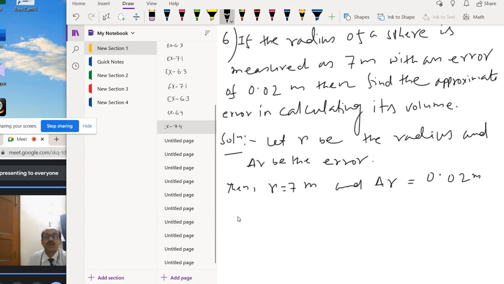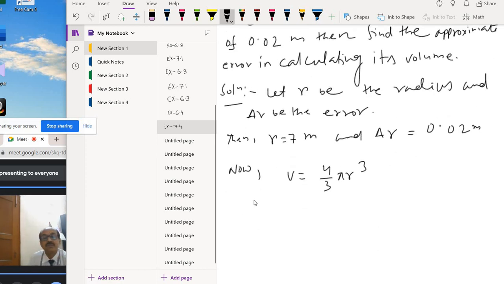Okay. So now what is V equal to? For a sphere, V equals 4/3 pi r cube. So dV by dr, the derivative with respect to radius, is 4/3 into 3 pi r square.